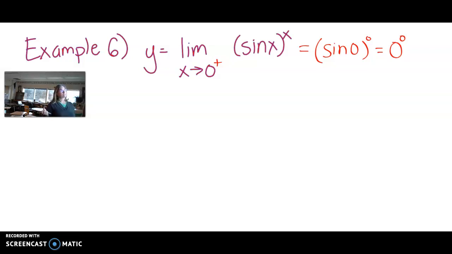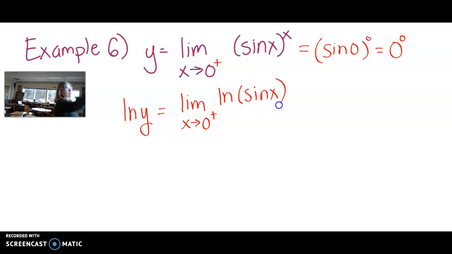Remember in our last example, how did we get that exponent out of there? Well, we needed to take the natural log, or you could do the log, doesn't matter. But we take the natural log of both sides, and I can bring the exponent down in front when I do that. That's the power rule for logarithms.